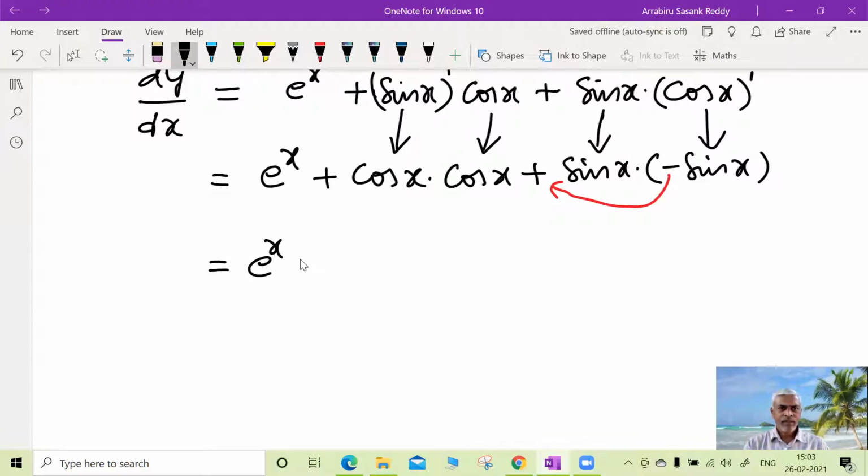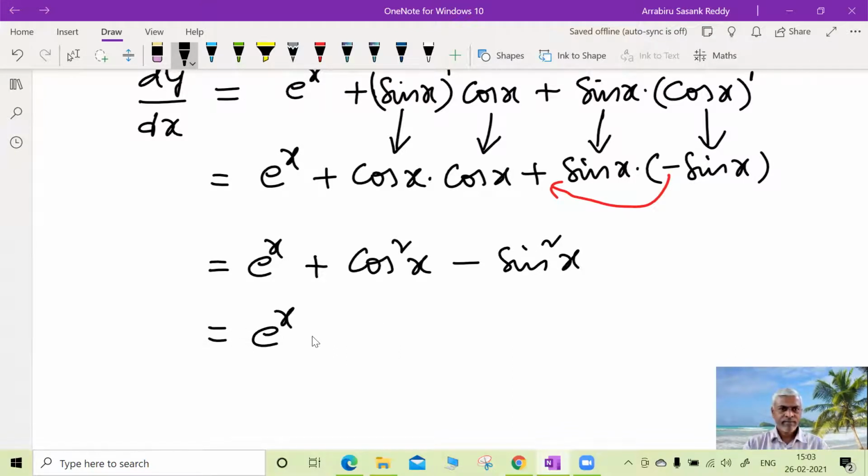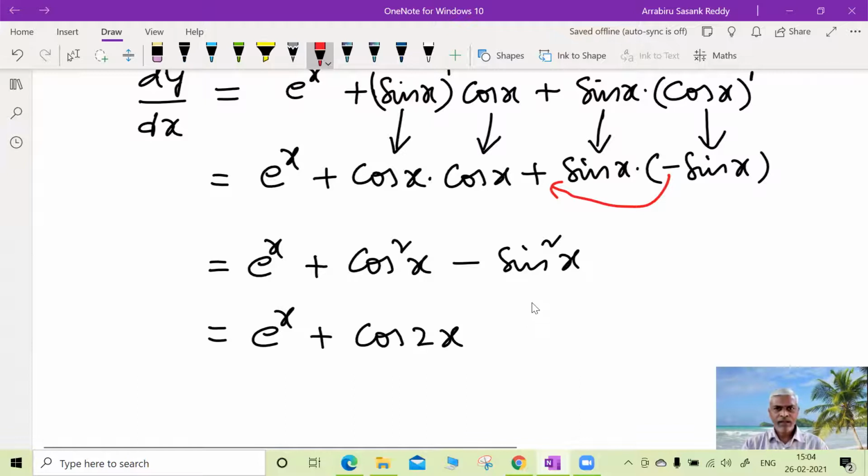So e power x plus cos x into cos x, cos square x, minus sin x into sin x, sin square x. So this is cos square minus sin square, which is cos 2x, a trigonometry formula.